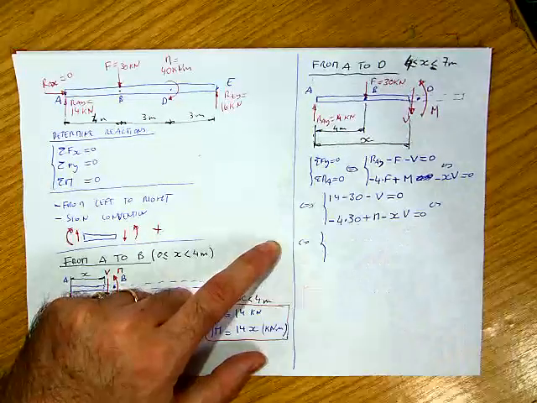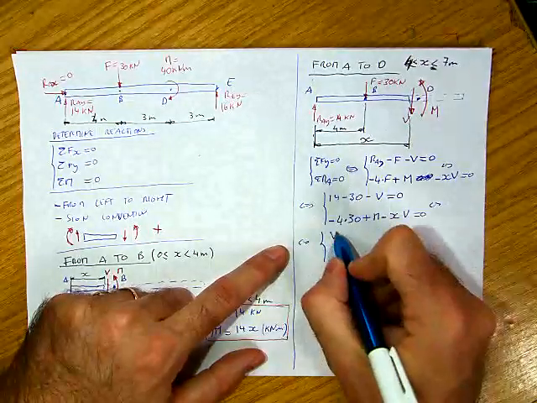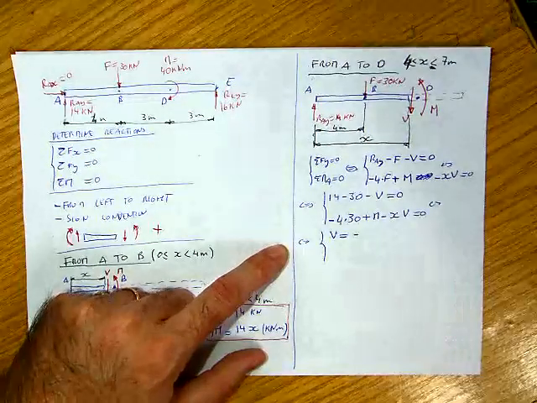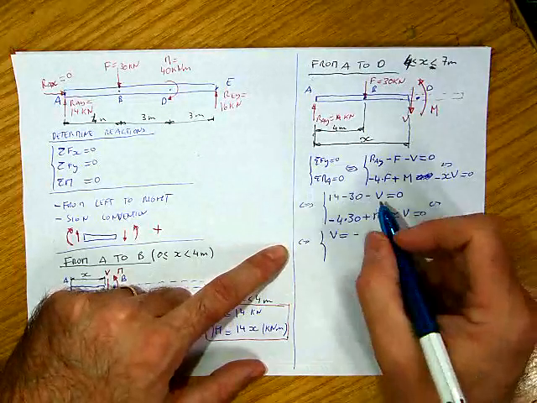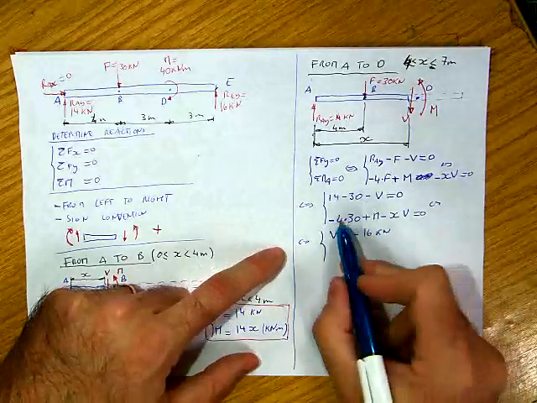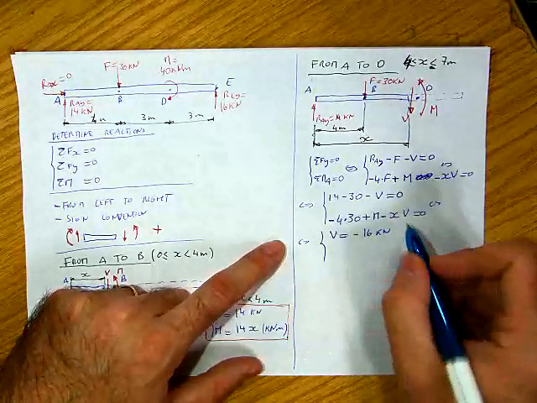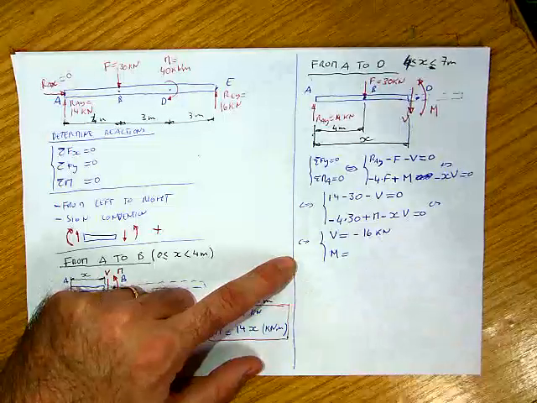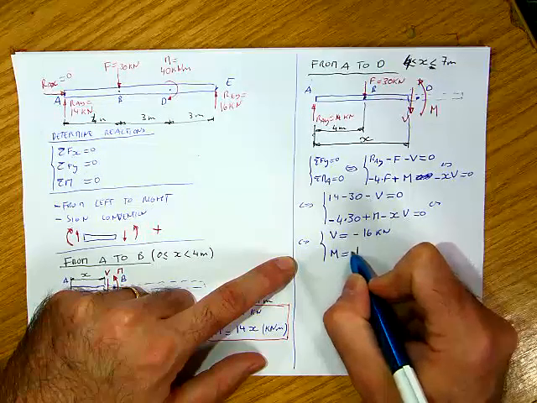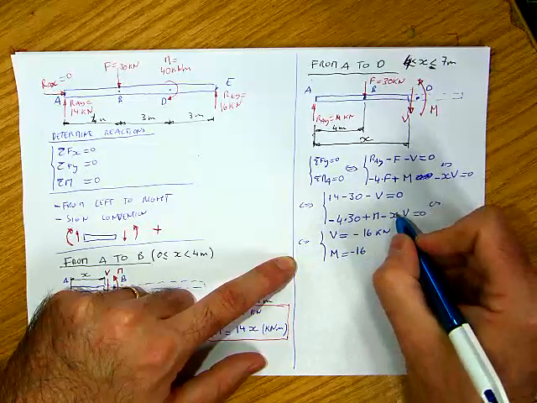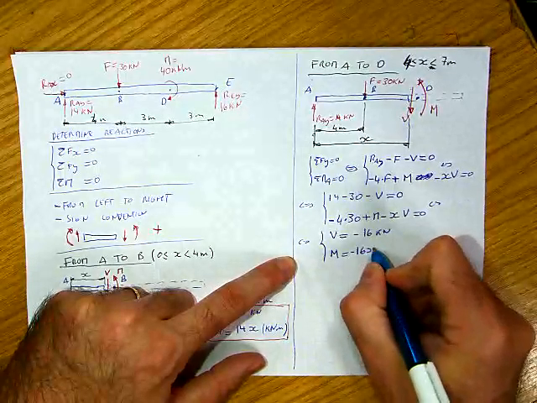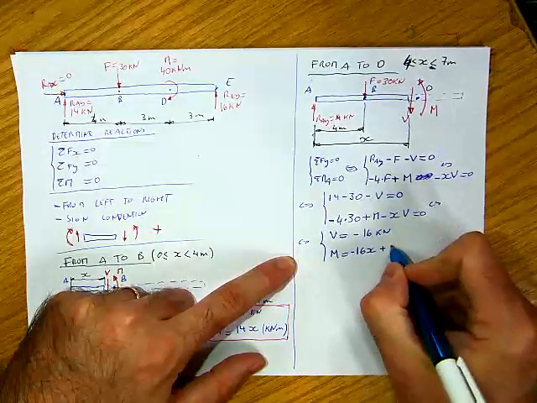equivalent to, now what I have here is V equals to, so V goes to the other side, is minus, V is minus, negative, is minus 16 kilonewton. And here at the bottom, if I replace V by 16, what I have is M equals 16 minus 16, because this is minus 16, minus with minus gives plus, and goes to the other side is minus 16 x plus 120.